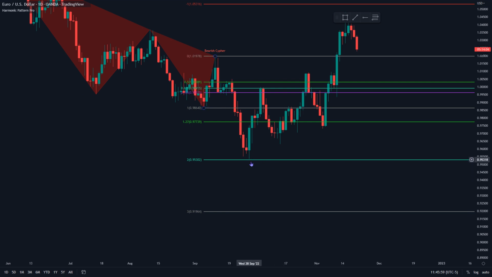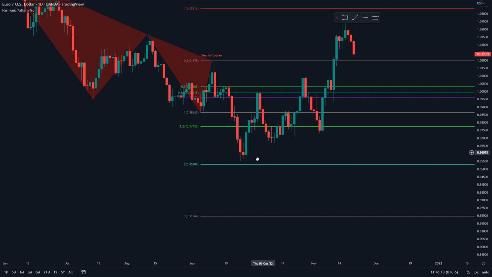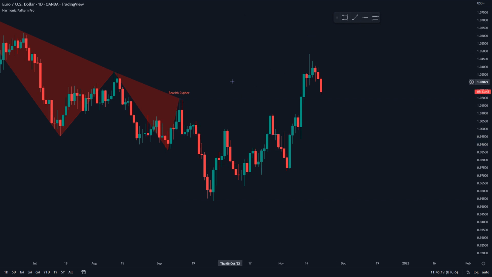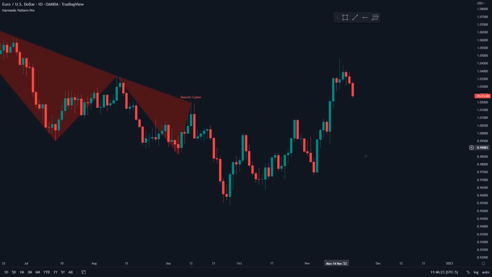And if it actually does go to a third leg, you'll more than likely see another pattern form first. And so typically the 1.27 or the 2 would be a great place to look for partials. And of course the opposite is true on the bullish side.